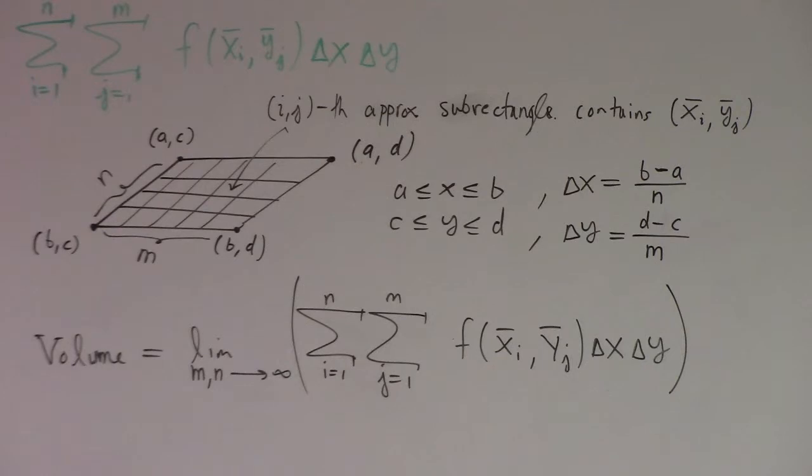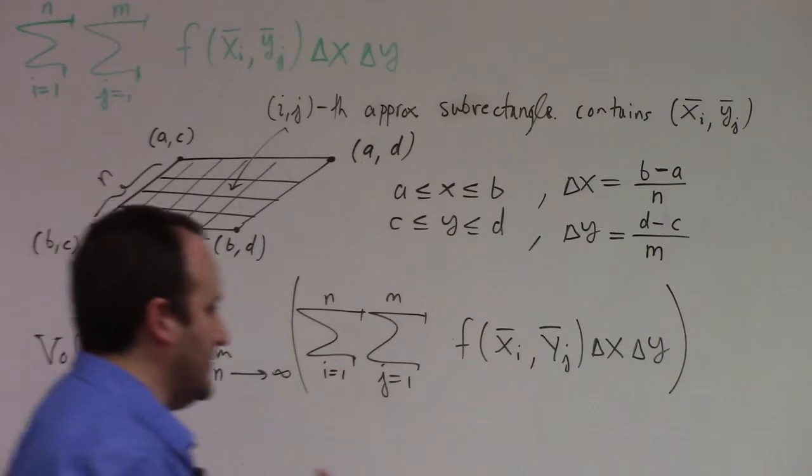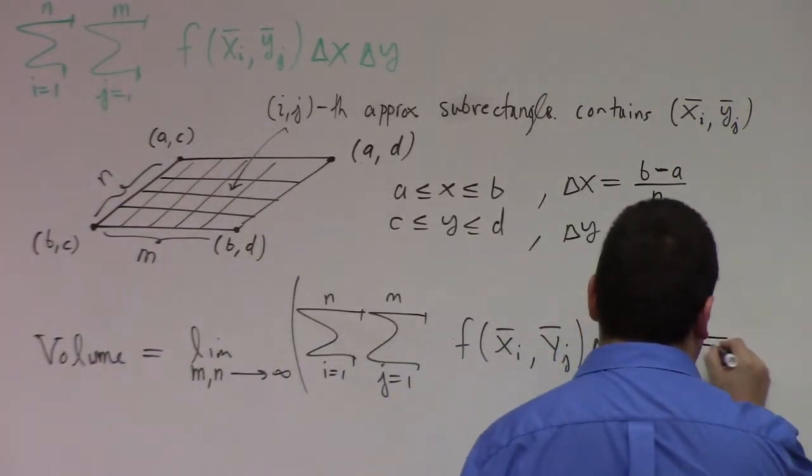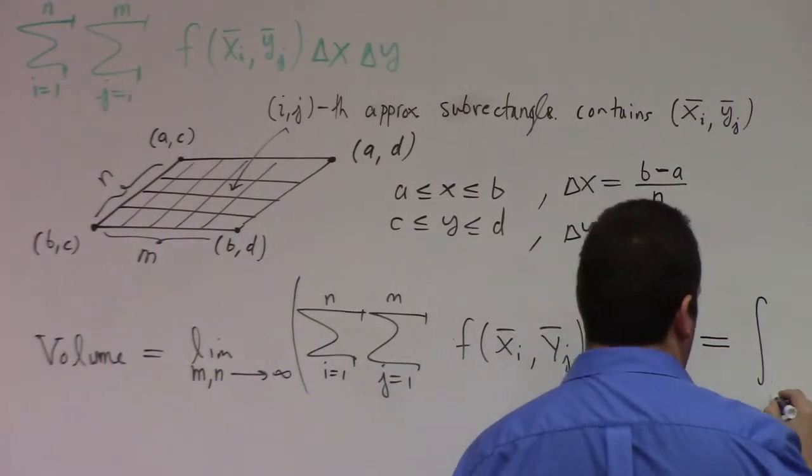We talked about the Riemann sum and taking the limit as the number of approximating rectangles goes to infinity. That gives you what? The area under the curve. Here it gives us the volume under the graph, assuming the function's positive.